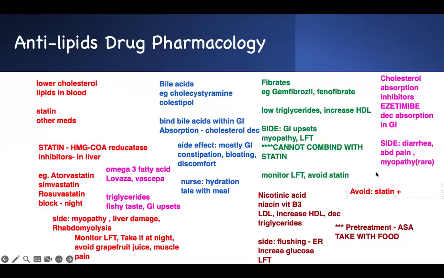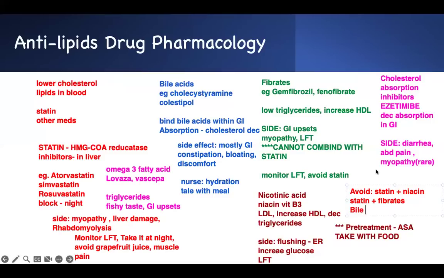Statin plus niacin, no, you can't have it. It causes toxicity. It makes you more prone to rhabdo and myopathy. Statin and fibrates, you should avoid it. It makes you more toxic and causes rhabdo and muscle pain.